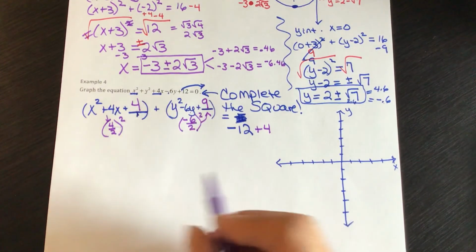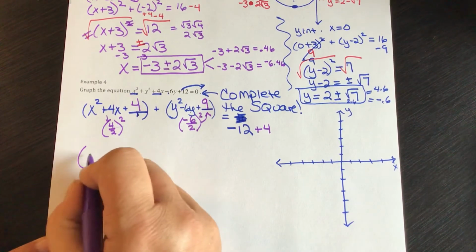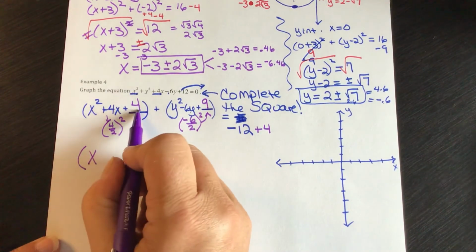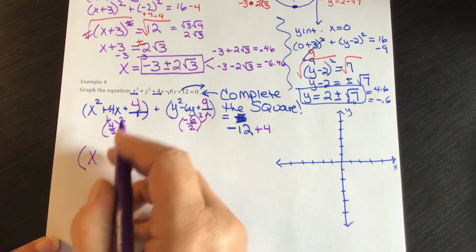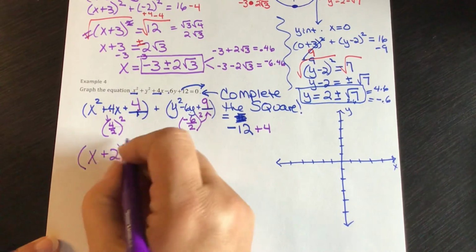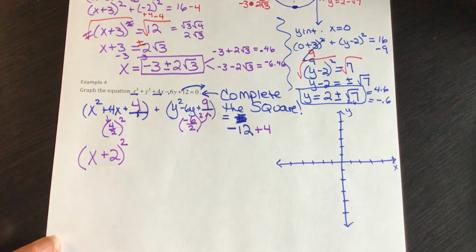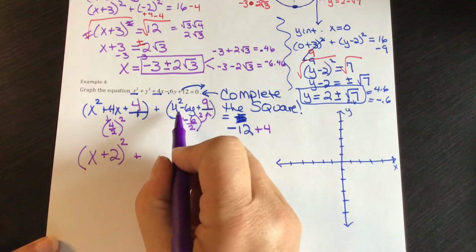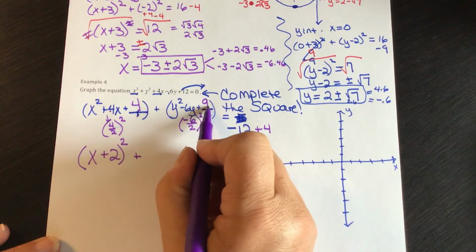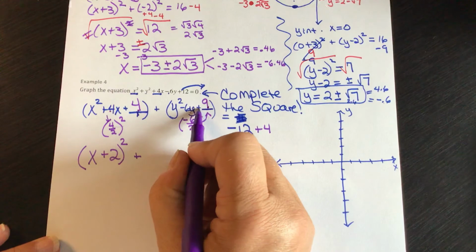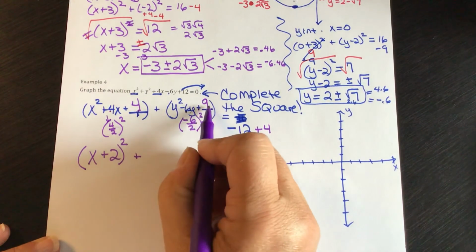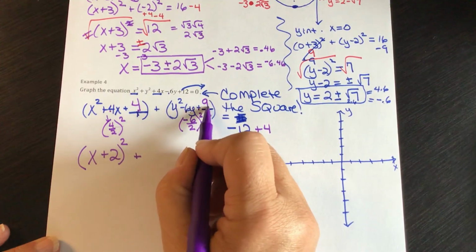So now I'm going to factor this. So this becomes x, numbers that multiply to 4 and add to 4 are plus 2, and x plus 2, so that's a square. Then I'm going to have over here numbers that multiply to be 9 and add to be negative 6 are negative 3 times negative 3.